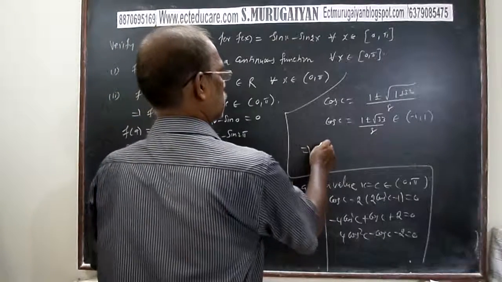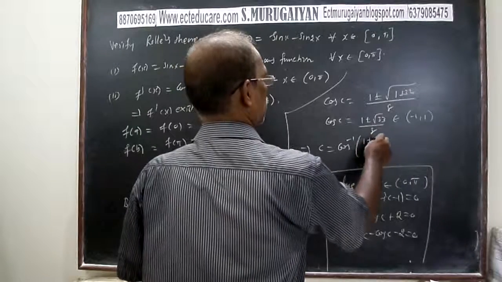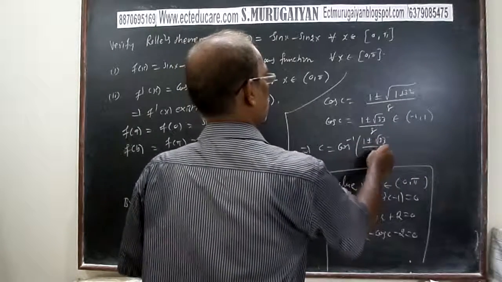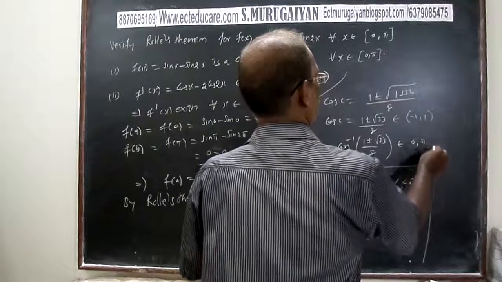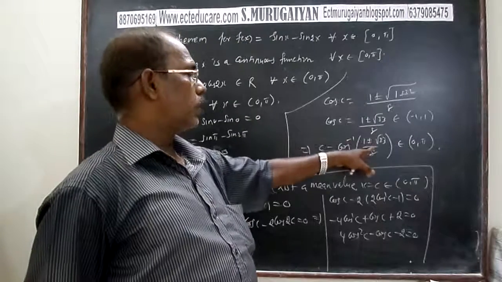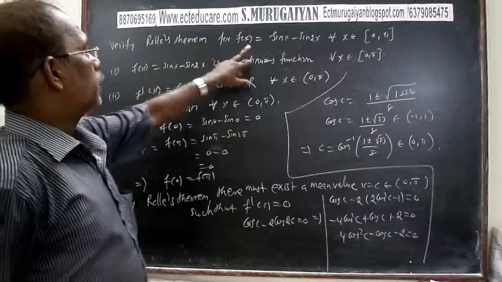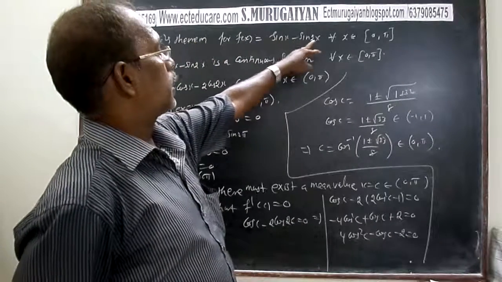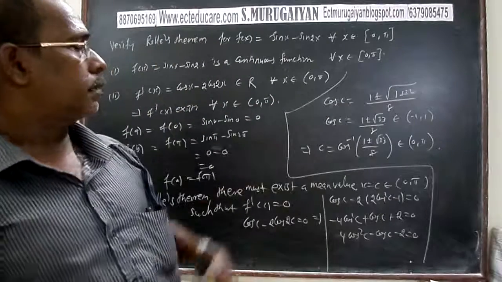So this implies c = cos⁻¹((1 ± √33)/8), which belongs to the interval (0, π). So when c = cos⁻¹((1 ± √33)/8), the given function f(x) = sin x - sin 2x is verified for the Rolle's theorem statement.